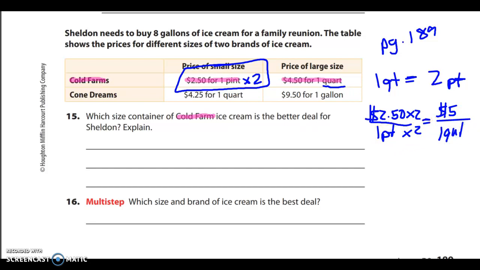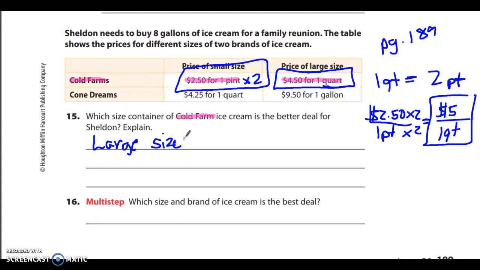So now what I can do is compare this price to this price. This price is $5 for a quart, and this is $4.50 for a quart. So which size is the better deal? It's going to be the large size. It says explain.